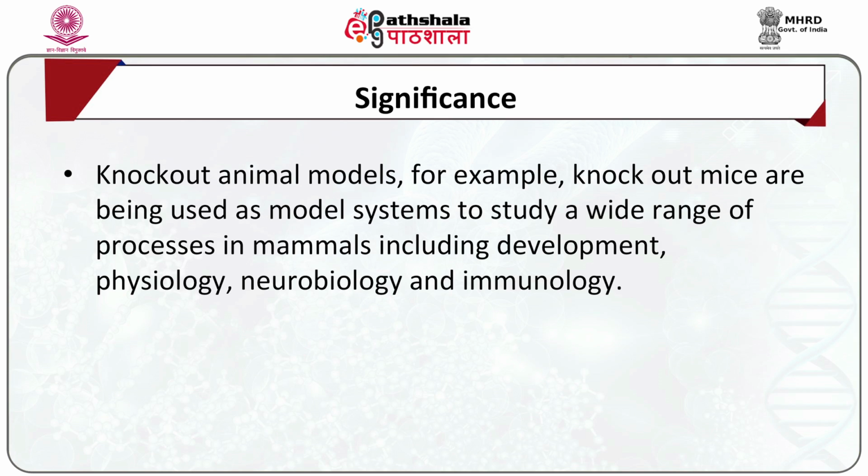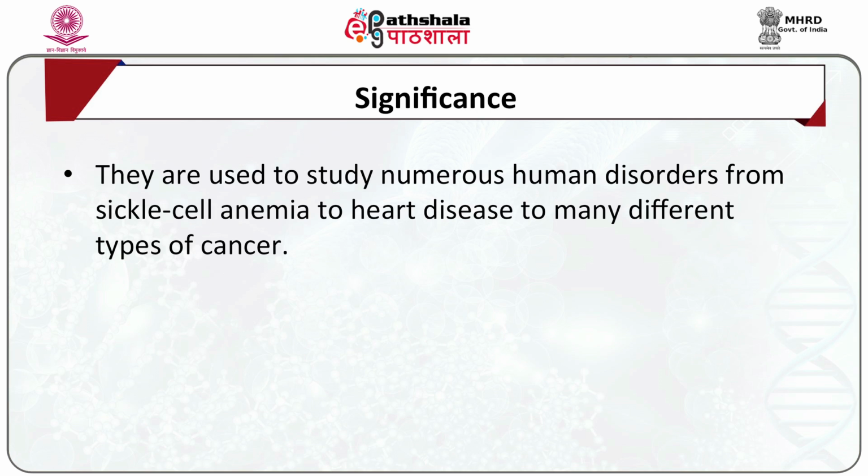Gene knockout animals, for example knockout mice, are being used as model systems to study a wide range of processes in mammals, including development, physiology, neurobiology, and immunology. They are used to study numerous human disorders from sickle cell anemia to heart diseases to many different types of cancer.